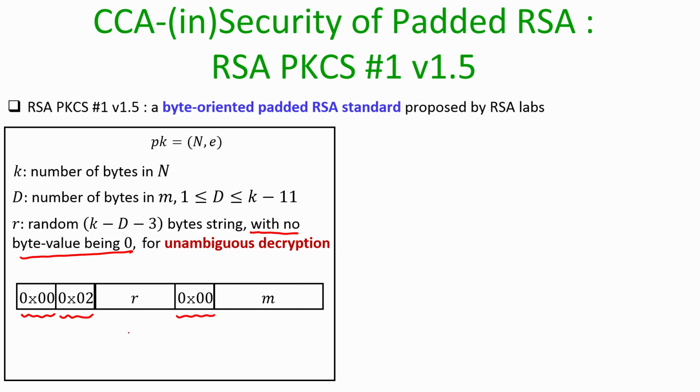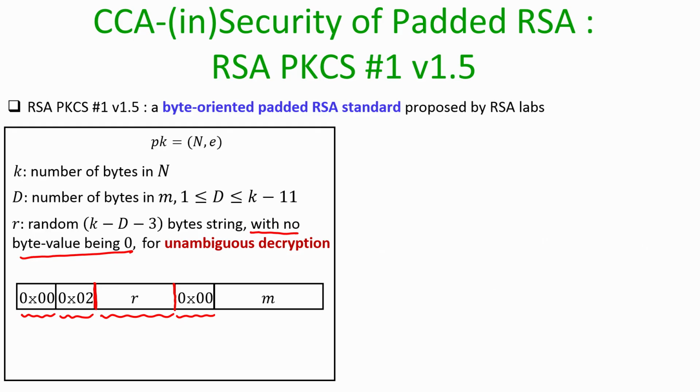On the left hand side, the boundary is created by the byte values 0 and 2, and on the right hand side, the boundary is created by the byte value 0, and other than 0, anything else could be present in this byte string r.